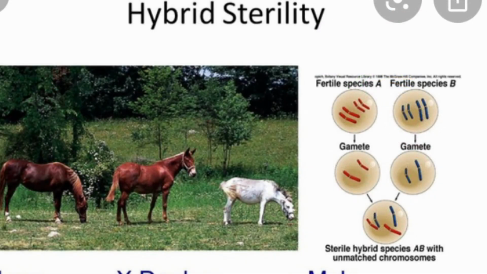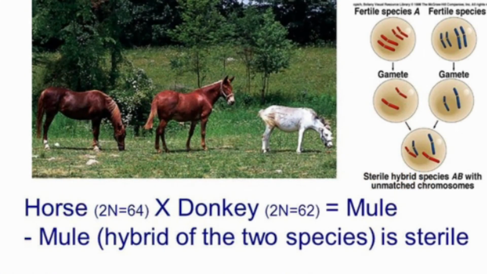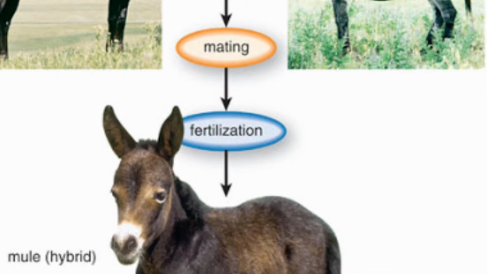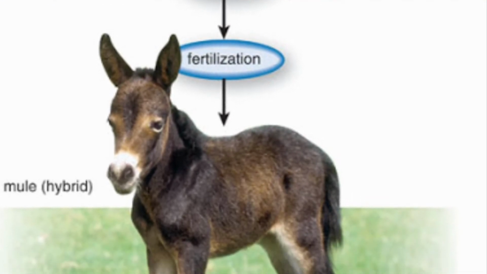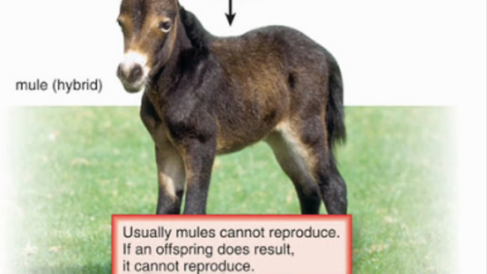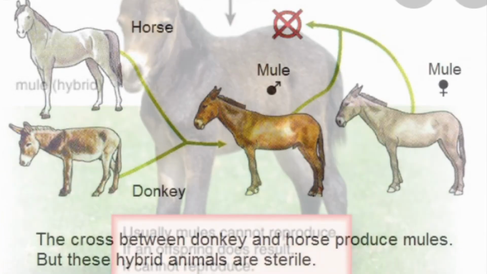All right, so hybrid sterility. What hybrid sterility is: hybrid zygotes, remember a zygote is a fertilized egg, sometimes develop into adults. So it'll be born and live to adulthood and everything, like a mule. A mule is a hybrid between a female horse and a male donkey. But the adults fail to develop functional gametes. Remember, gametes are your sperm and your egg, and they are sterile.